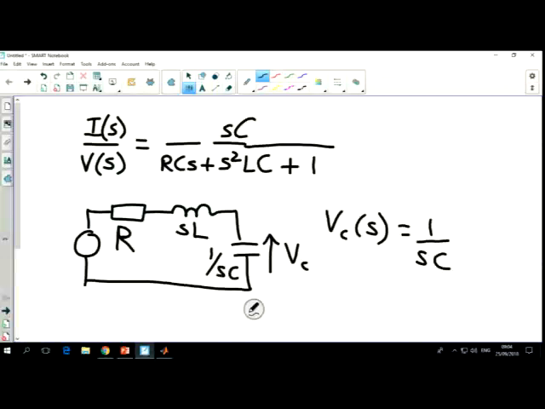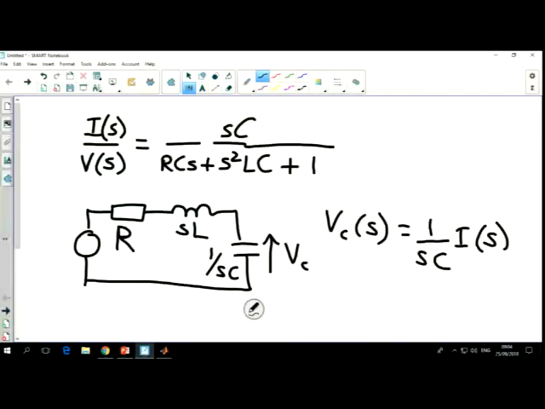It works either way. But if you do the transformation before the writing of the equation, you end up with impedance values that look like that, with your Laplace variable S. And then you know the voltage is the impedance times the current, in the Laplace domain, not in the time domain.